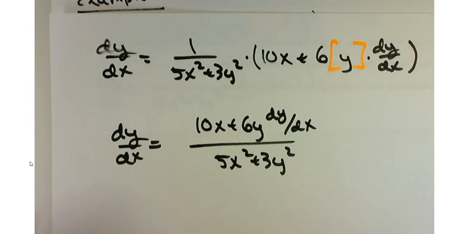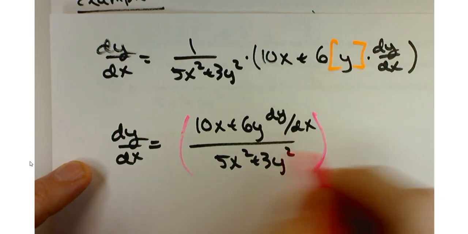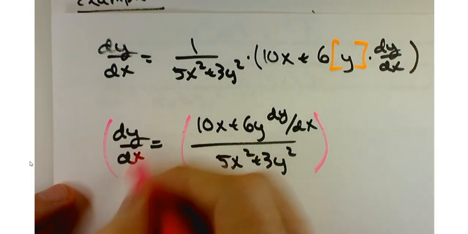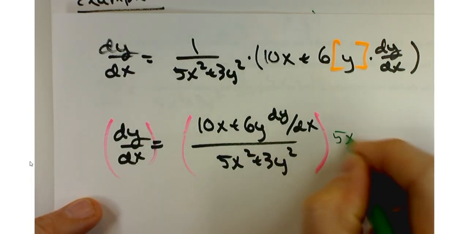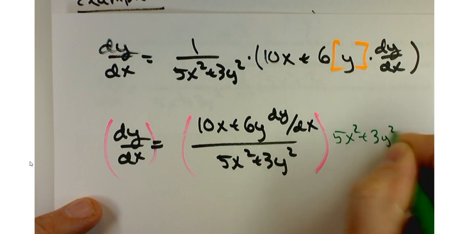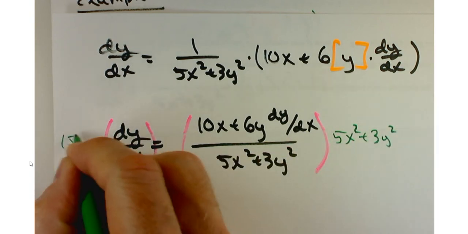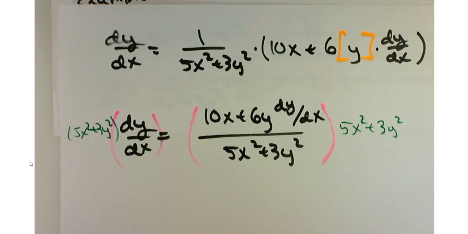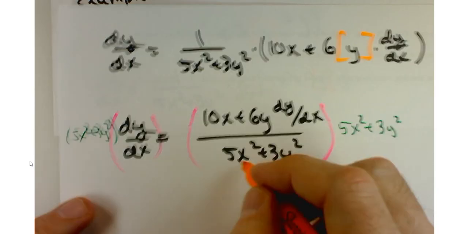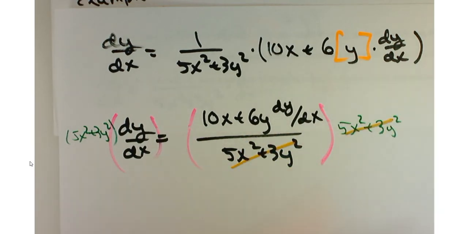Now, if you're stuck solving this for dy by dx, what I always do when I have fractions is I get rid of the fractions. I want to multiply both sides by the LCD of this expression. So that's going to be 5x squared plus 3y squared. And why am I doing that? What does it do for me that's worthwhile? Cancel that denominator.